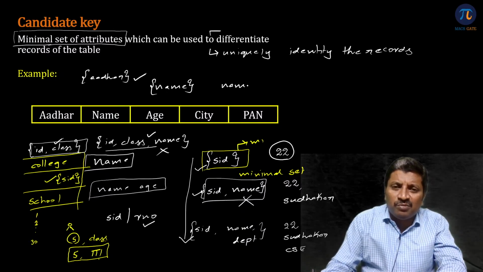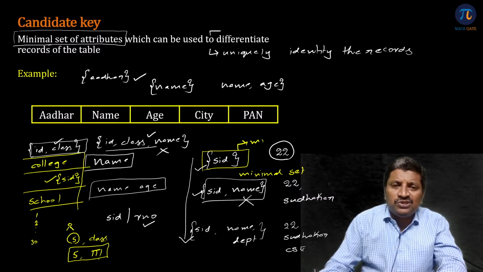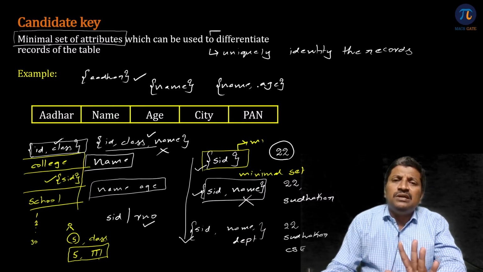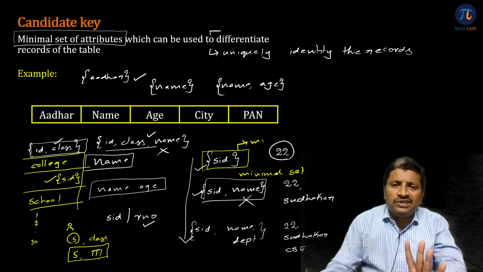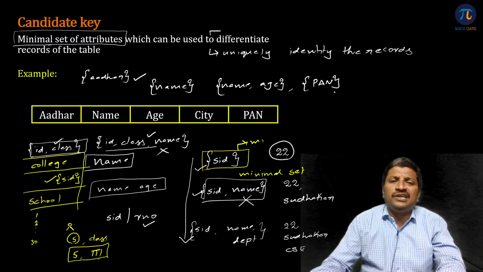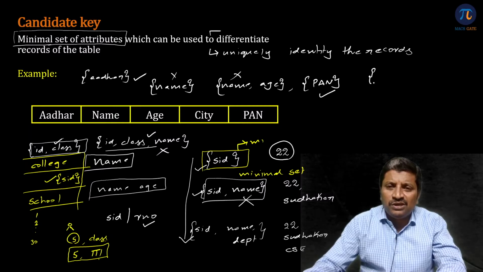Suppose I have name comma age. Can you say this is a candidate key? No, sir. Because there may be so many persons with these two attributes. Is that clear? Suppose I consider one more. Is it a candidate key? Yes.